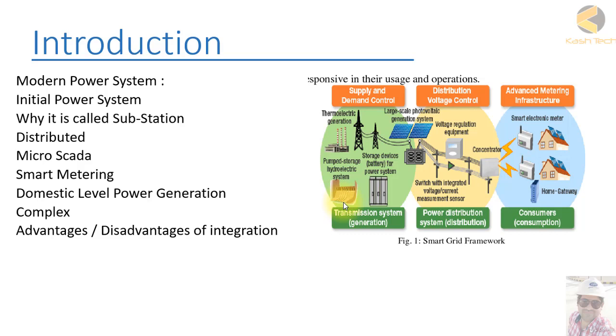Nowadays China is building an HVDC project, and using this HVDC project they will transmit 8,000 megawatts of electricity from a remote area in the mountains to the load center located almost 1,000 kilometers away.